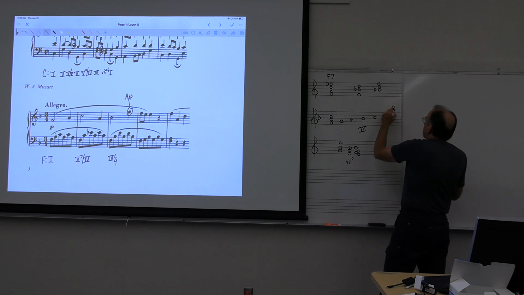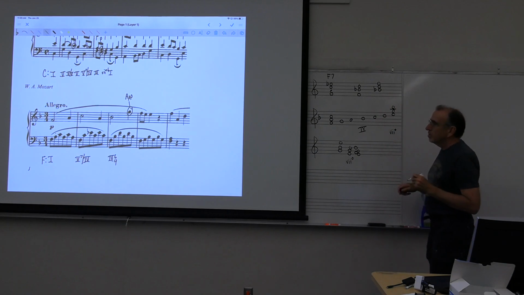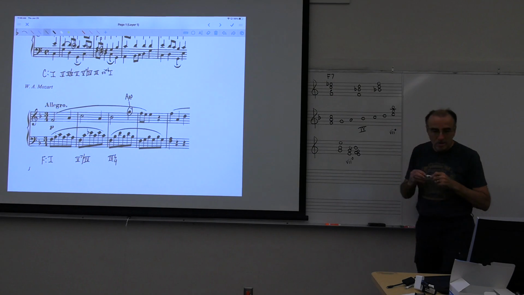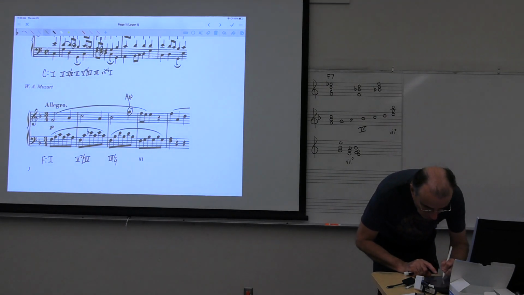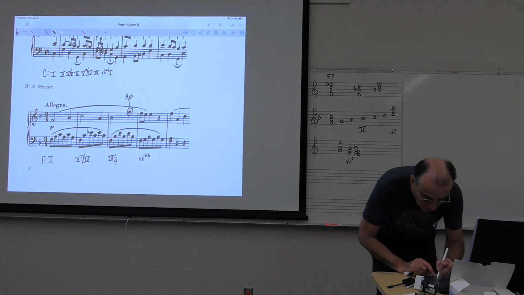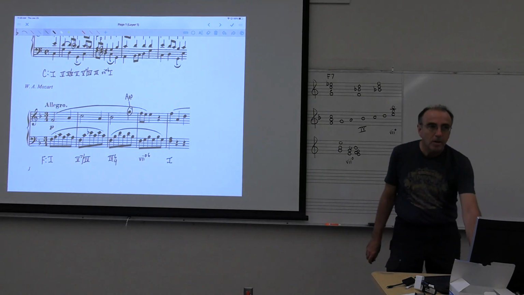That's this one. That's the 7th diminished. Okay, so that makes sense, right? And it would make sense to say 4, 7 diminished, with the G as the lowest sounding pitch. We'll get to that justification a little bit, and then to say 1 here.